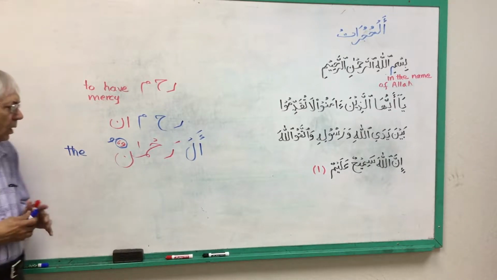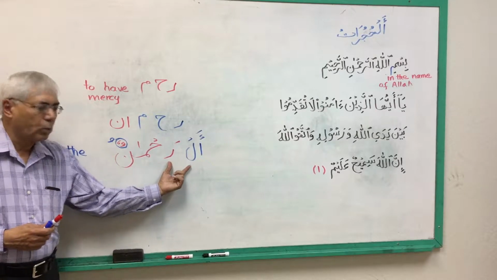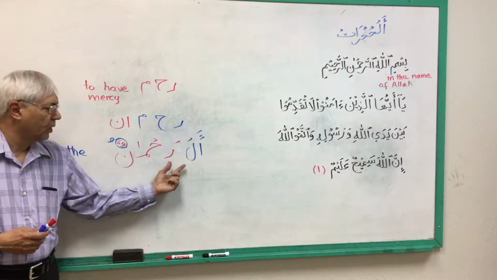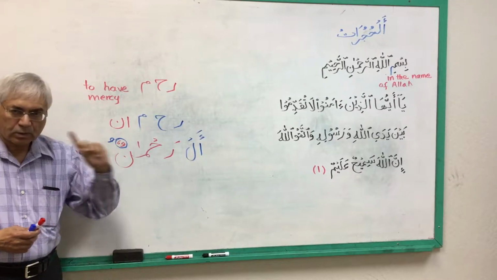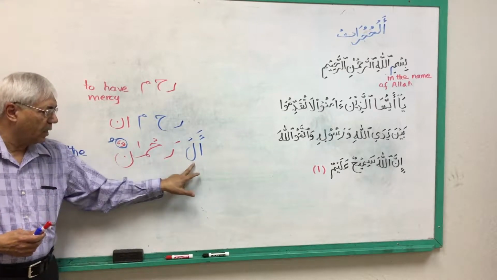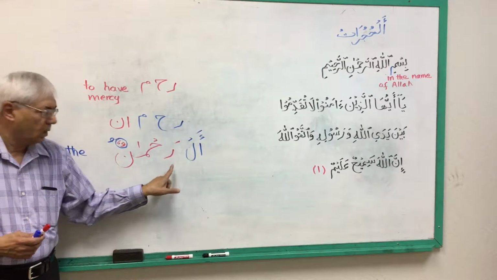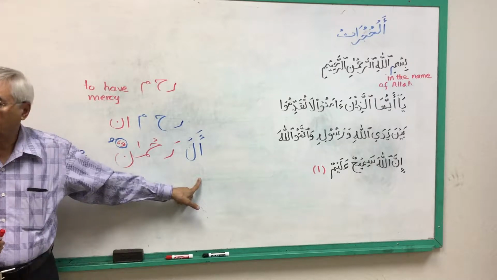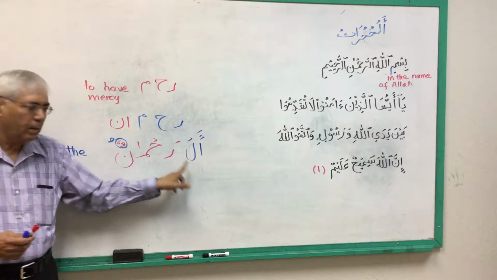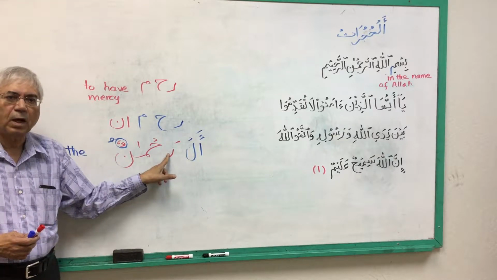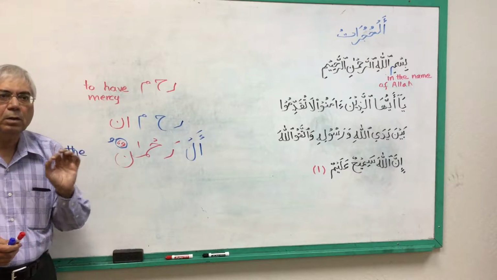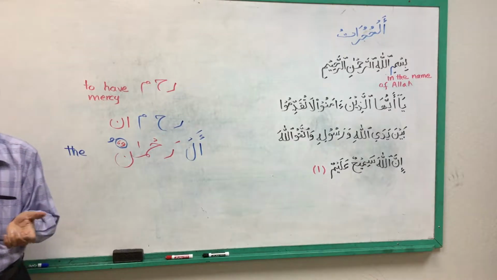Number two, when you pronounce this word, in the tajweed, the ra and lam, when they come together, the ra kills the sound of lam and is pronounced twice. So it becomes Ar-Rahmanu.